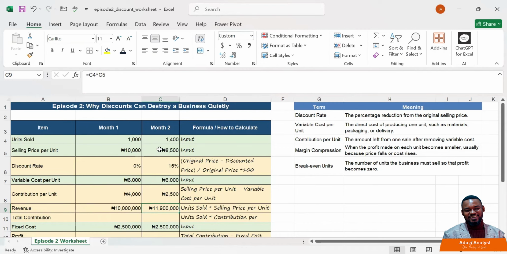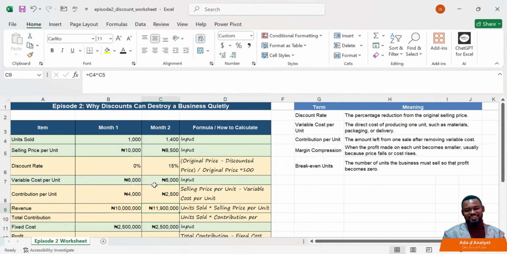So we can see from face value that we have 10 million naira as revenue in month 1 and 11.9 million naira as revenue in month 2.